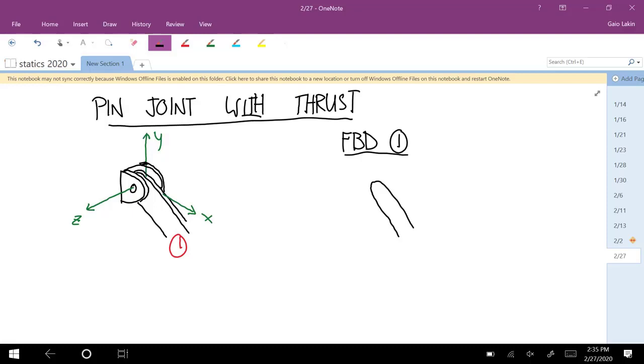There's no translation that's allowed. Okay, so the first thing I'm going to do is draw in that force vector. So it's like this, and I'll call that the force F. That's the force on body 1 by body 2.